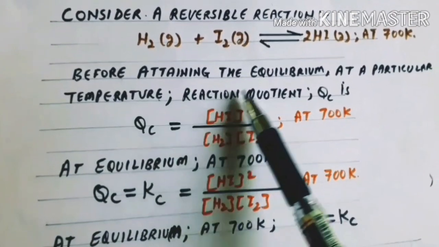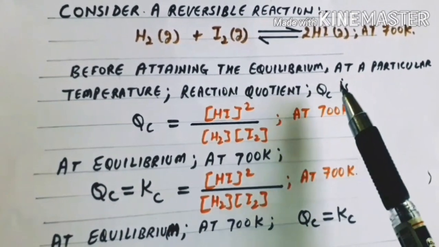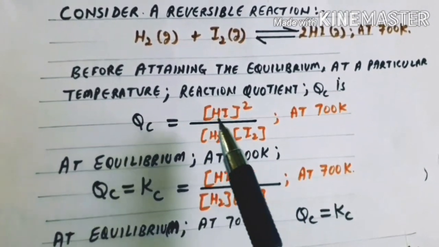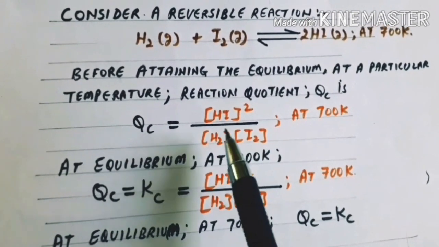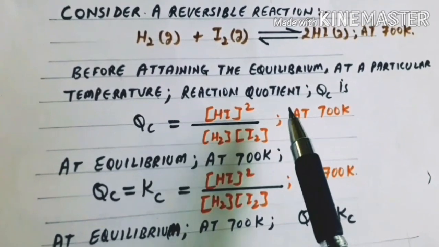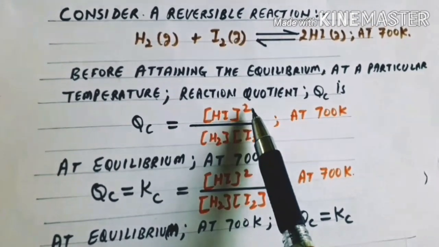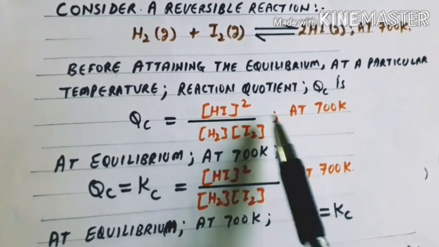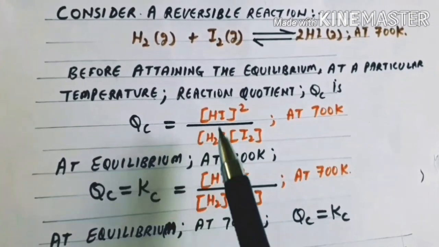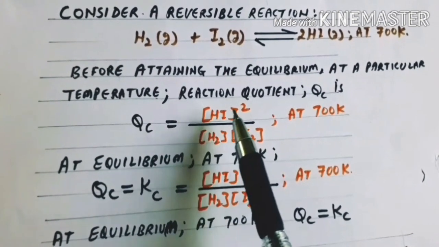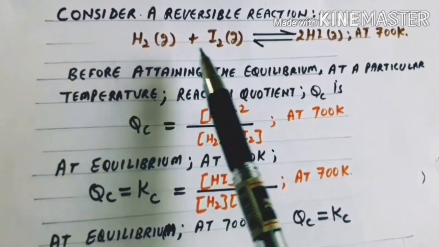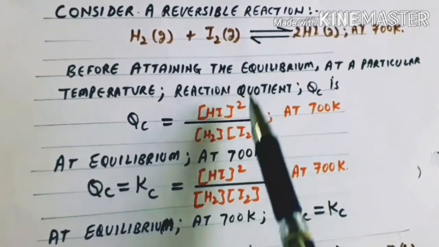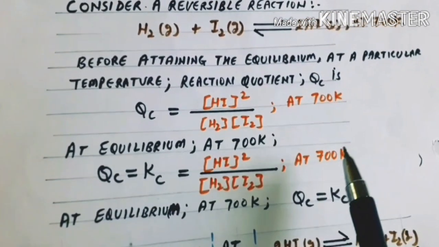So before attaining the equilibrium at a particular temperature, reaction coefficient Qc is defined as the ratio between the product of the concentrations of the products to the product of the concentrations of the reactants, in which each concentration term is raised to power equal to its stoichiometric coefficient given in the balanced chemical equation at a particular temperature.